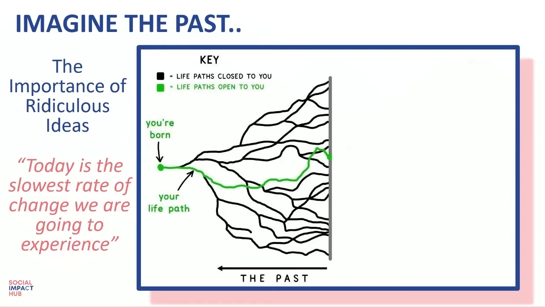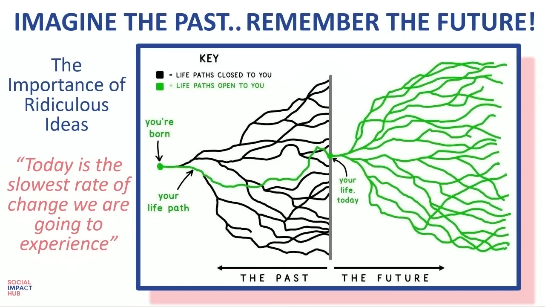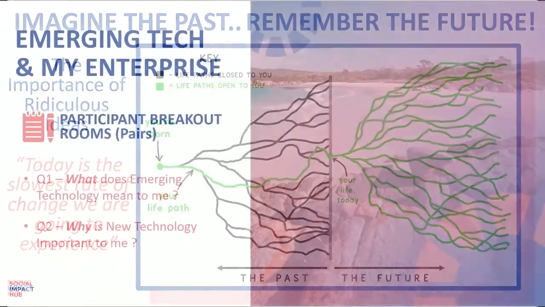And conversely, if you look at the future, there are many alternative pathways that could open up to you and your organization to either benefit from or to make sure that you don't experience, because they have a negative connotation. So the phrase "imagine the past, remember the future" is probably a good one to think about. And the final point there really is that today is the slowest rate of change we're going to experience. So things are only going to speed up from here.